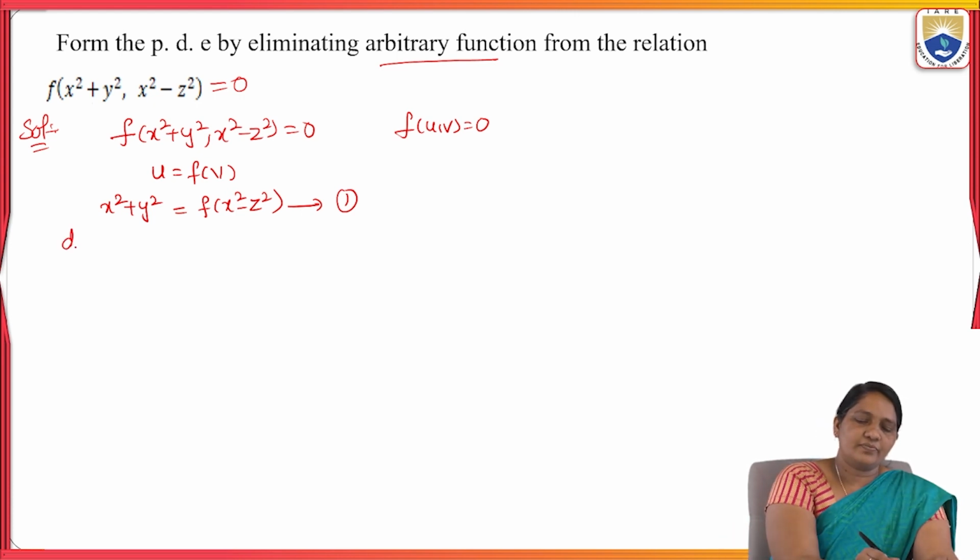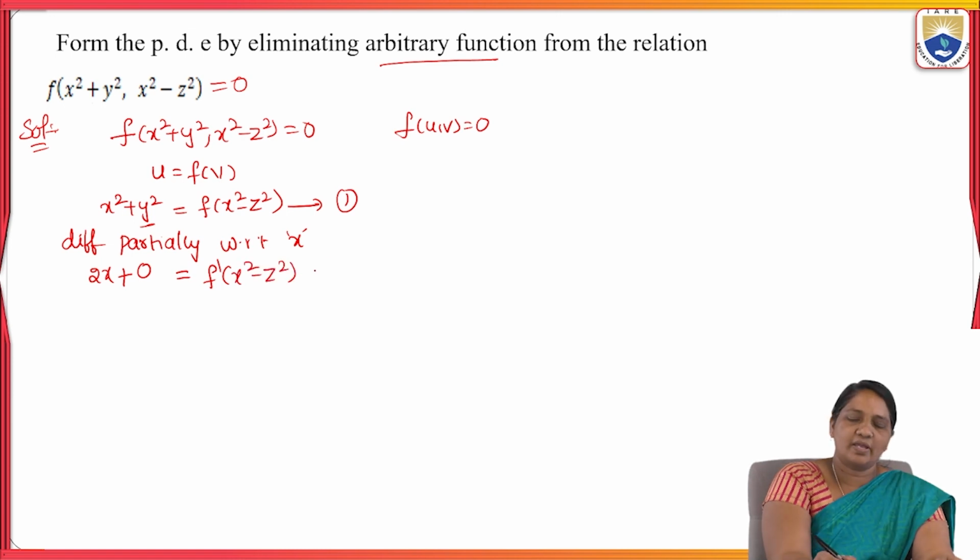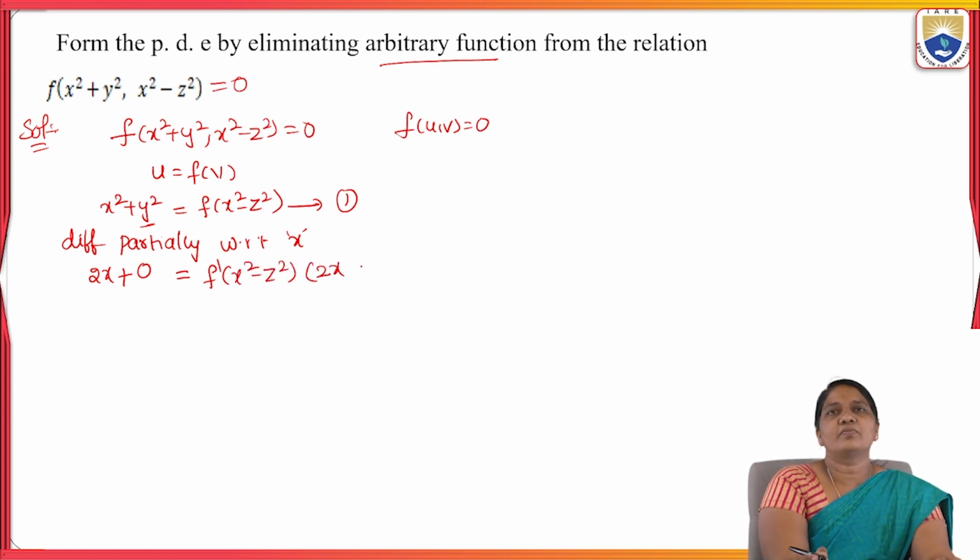So first differentiate partially with respect to x. Now x square is 2x, plus here y square is the constant. So 0 equal to f derivative is f dash of (x square minus z square), and here x square derivative is 2x minus z square derivative 2z into dou z by dou x.